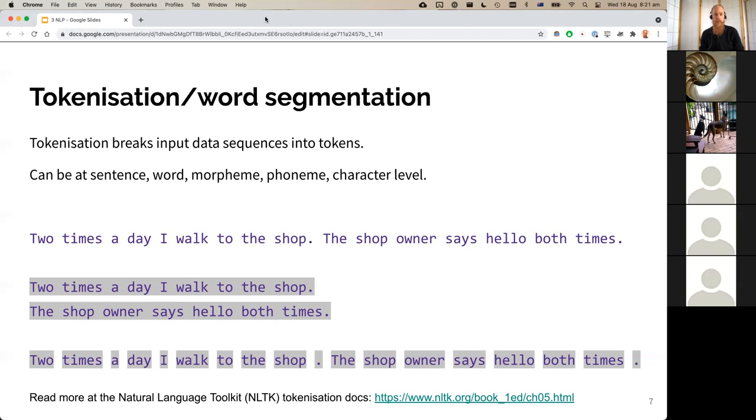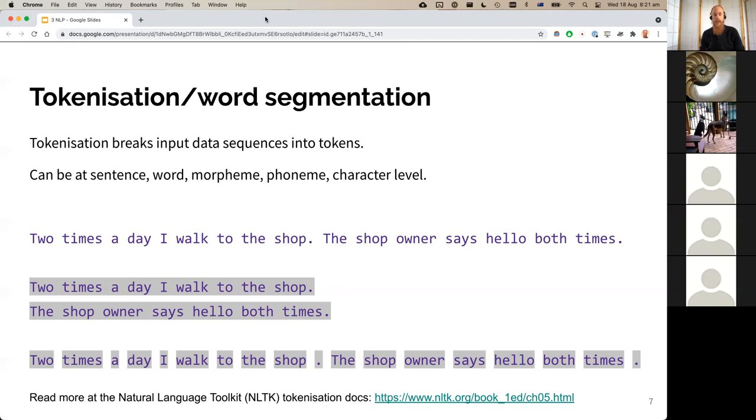So fortunately, to perform this tokenization, we can use existing tools such as the Natural Language Toolkit, NLTK. And you'll see, particularly in the tutorial, we'll use NLTK to do a lot of the processing.